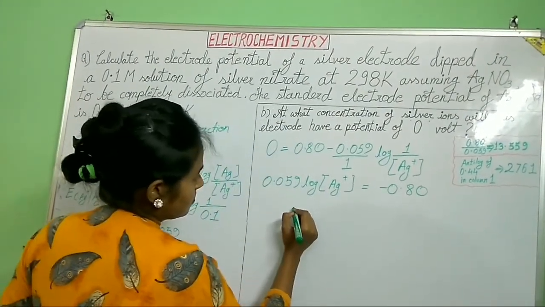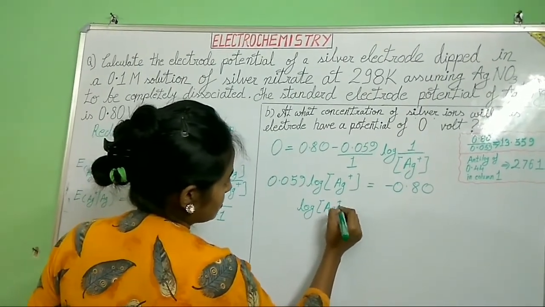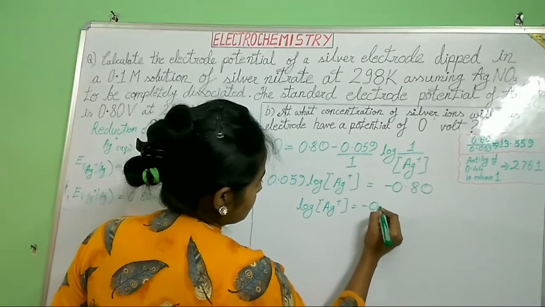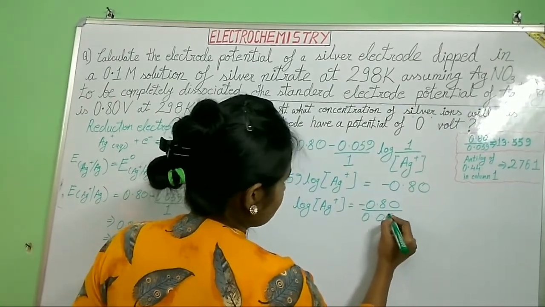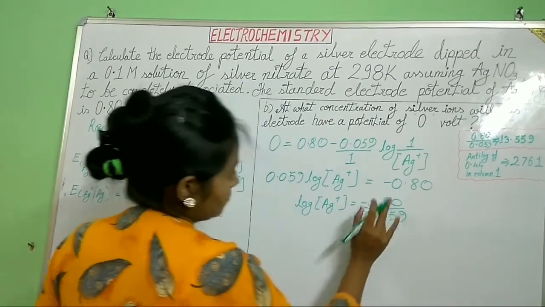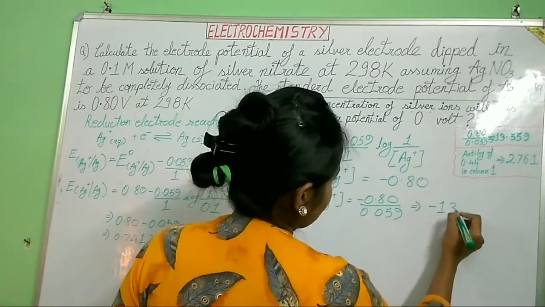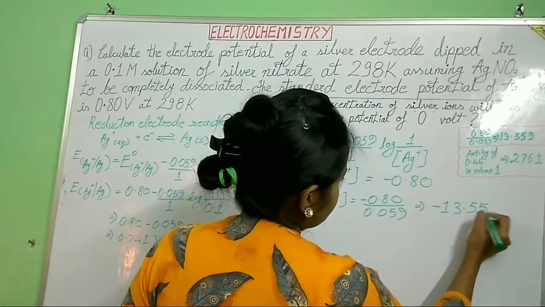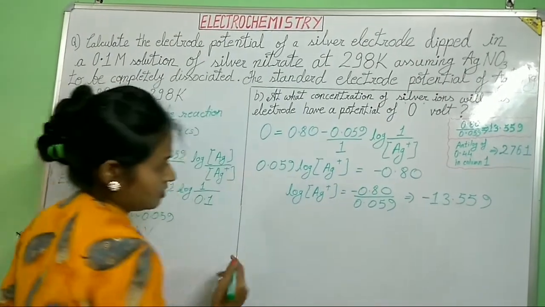Next step, log Ag plus will be minus 0.80 divided by 0.059. And if you calculate this, how much will we get? Minus 13.559. Yes. For your help, the calculation is already given here.